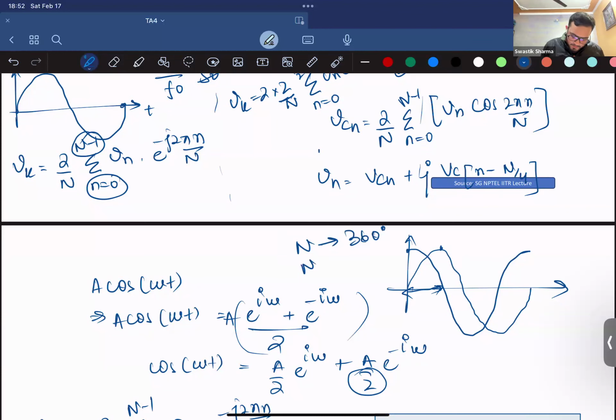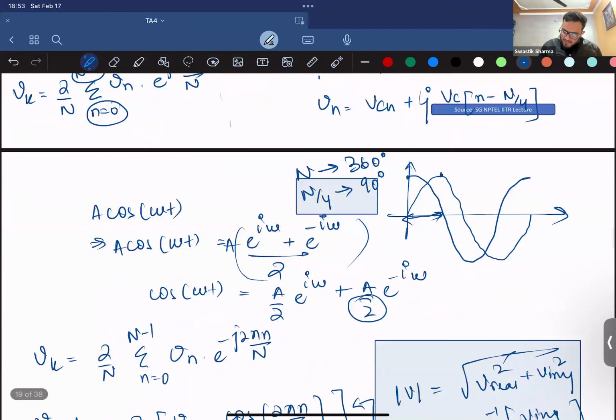For a 90-degree difference, what you need is N by 4, right? So since the cos is leading sine by 90 degrees, what you can do is use the sample that was there N by 4 blocks away.